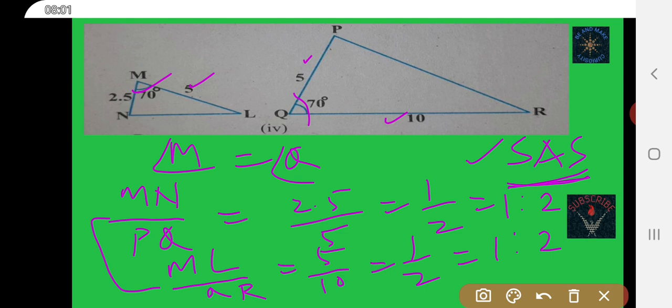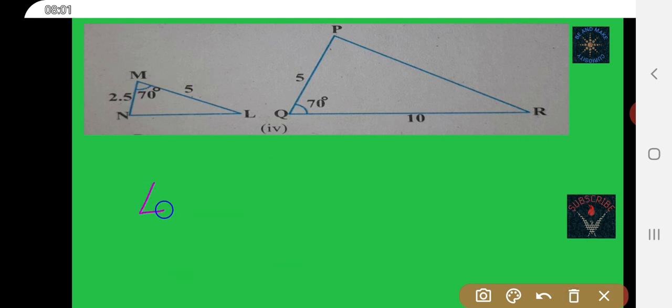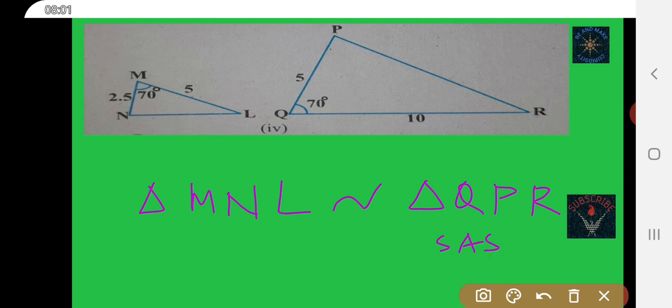So you can say triangle MNL is similar to triangle QPR by the SAS similarity criterion. Okay.